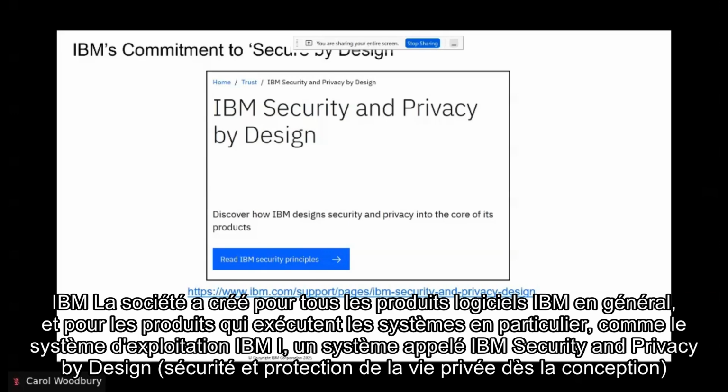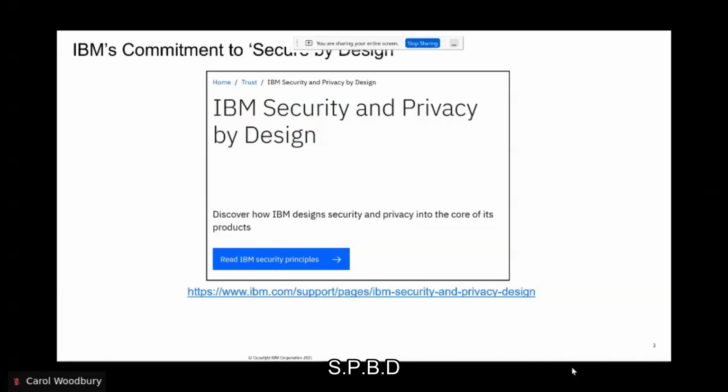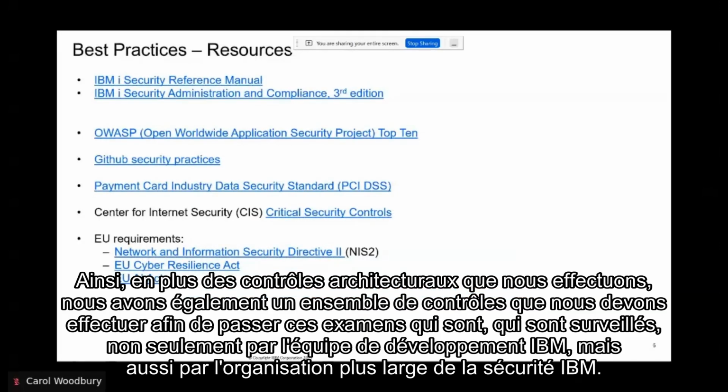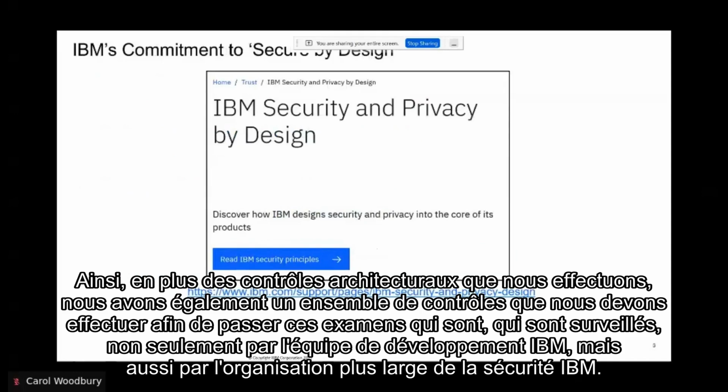So now, in addition to those architectural checks that we do, we also have a set of checks that we have to do so that we can pass these reviews that are monitored not just by the IBM i development team, but by the larger IBM security organization. And so we have to, for example, prove ahead of time that we're going to have penetration tests as part of the development.